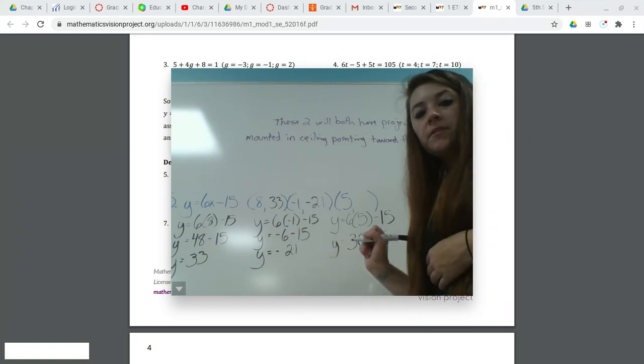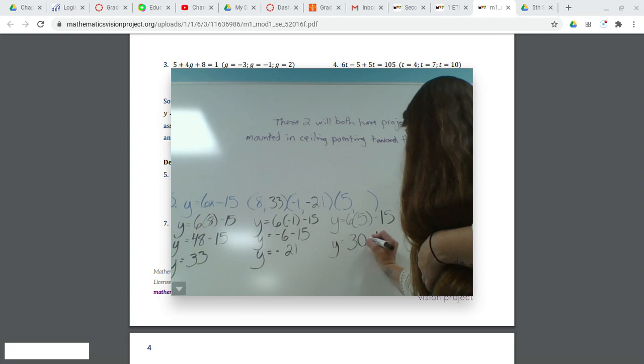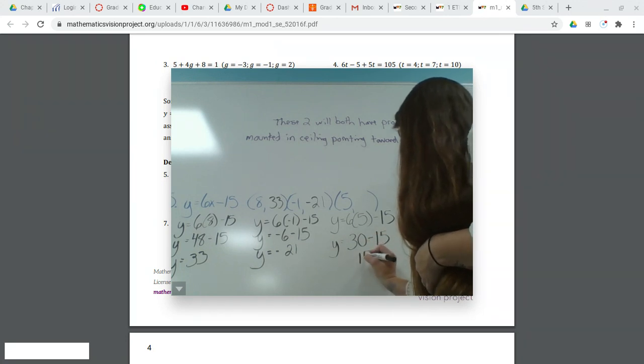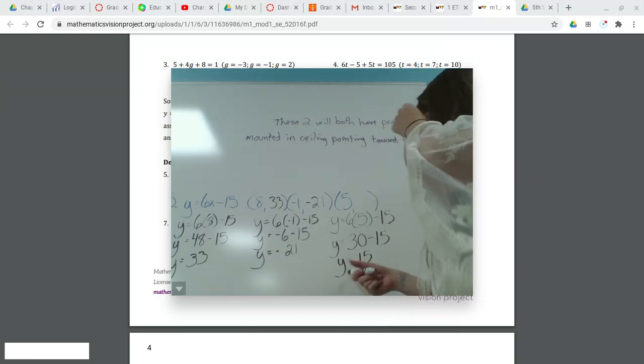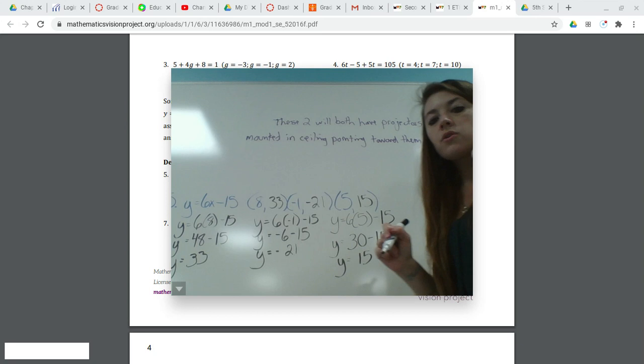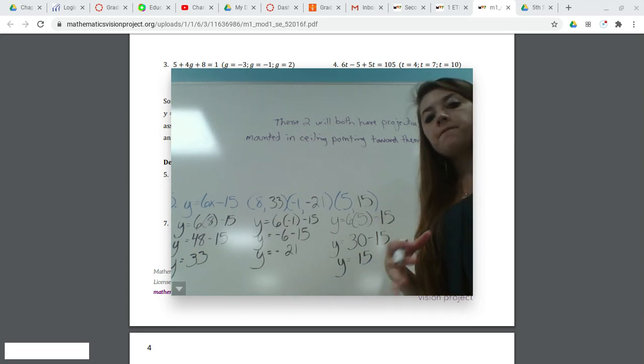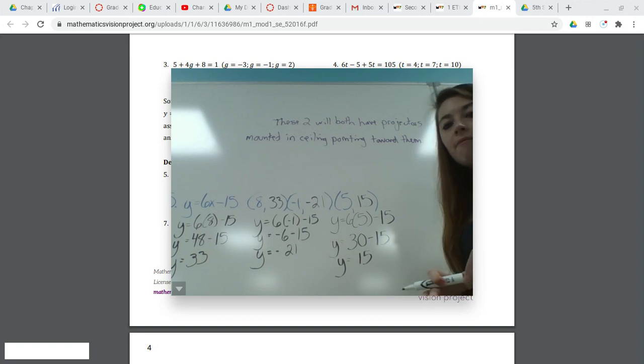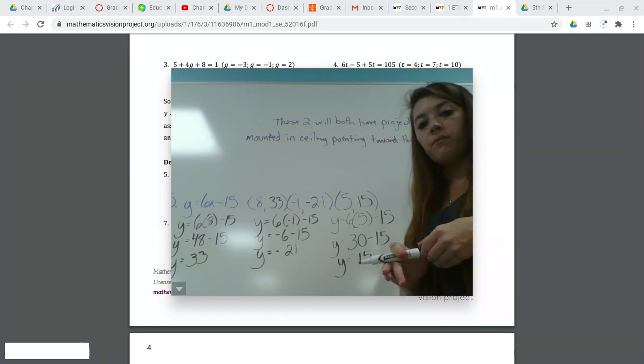So 30 minus 15 is going to give us 15. So we end up with y equals 15. So it's going to go up here into our ordered pair. So the solution then is 5, 15. So 5, 15 is our solution for that one.